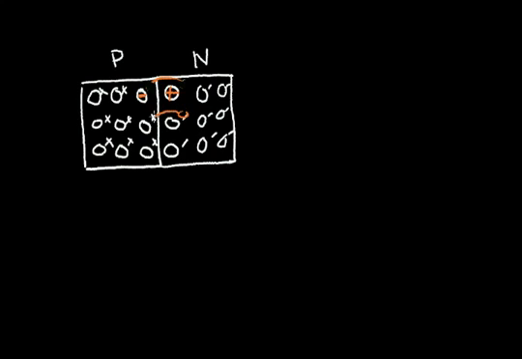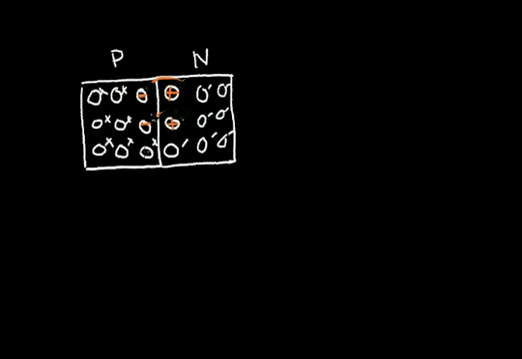It can move over and go into this hole location. And when that happens, we call that recombining. And what happens is these are no longer free charge carriers to move around. And this region again becomes negative because it has gained an electron. And this region is positive because it has lost an electron.